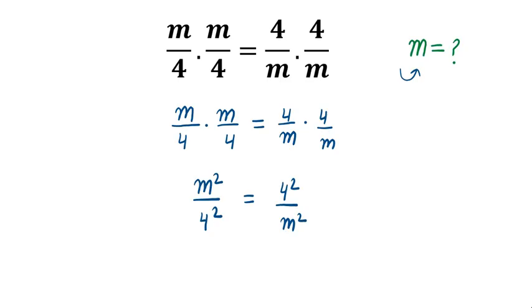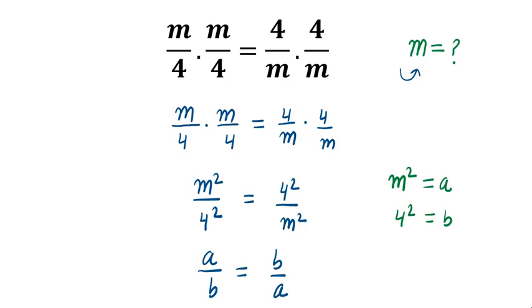Here we will apply substitution. If we substitute m square equal to a and 4 square equal to b, then m square is replaced by a, over 4 square replaced by b, is equal to 4 square replaced by b over m square replaced by a.